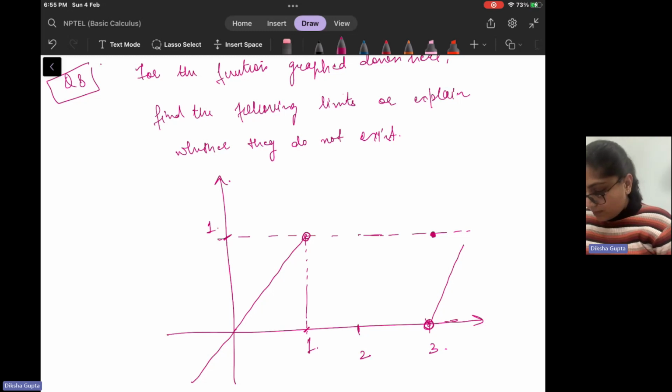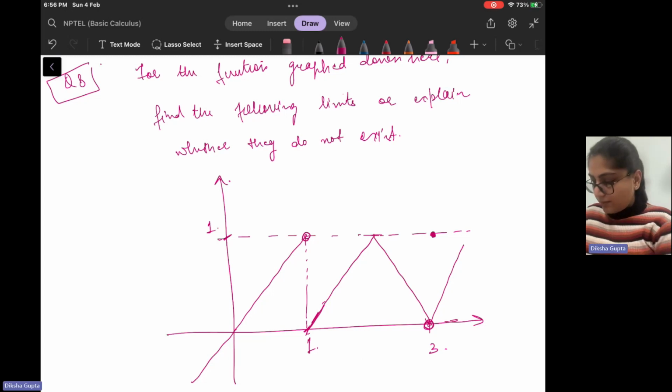So the graph will be right. Okay, and this point will be 2. Okay, yes.